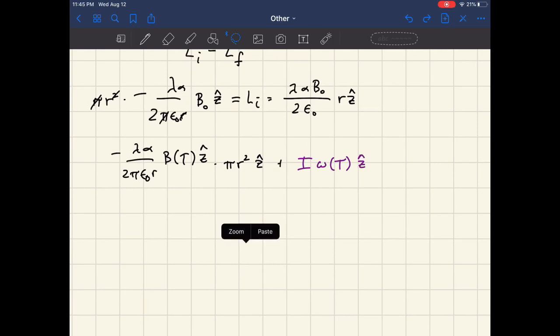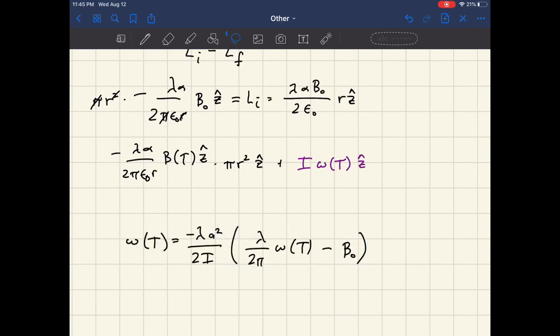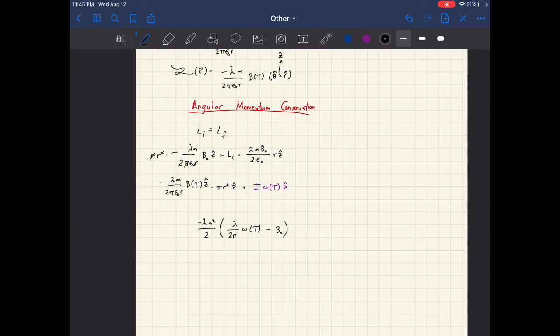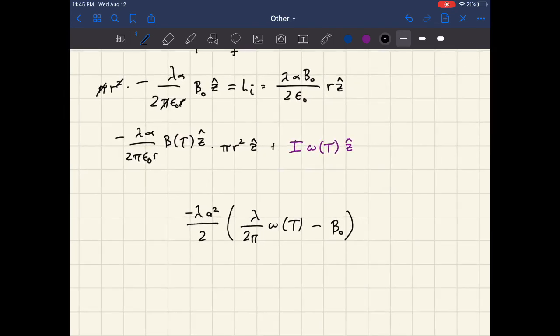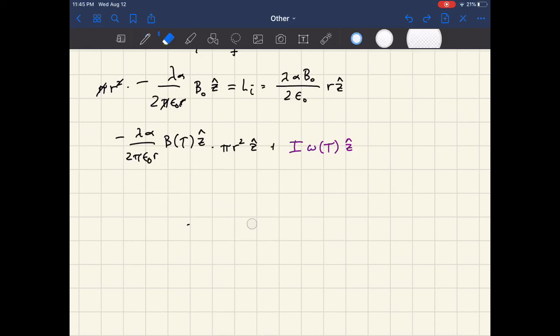And so what we get is the following. The I's cancel, and you're left with 2 on the bottom. From there we can set them equal to each other. But remember, this omega right here is not per unit length, so we have to shift that into per unit length. Oh, sorry, this is the wrong formula. This is for the B field.